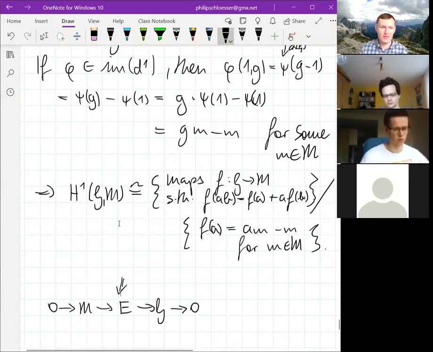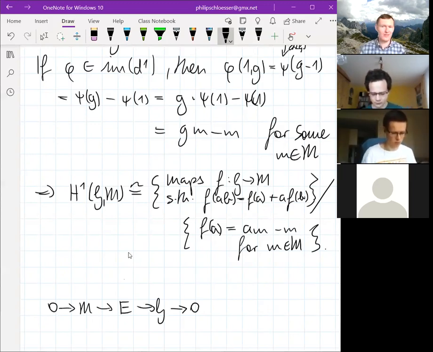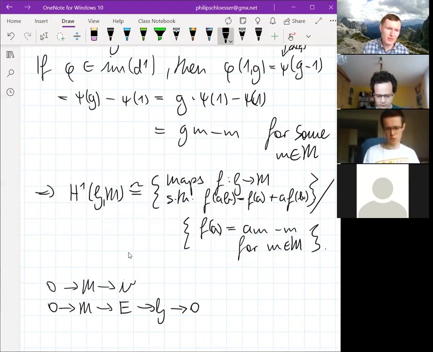It turns out that this E is some weird kind of co-cycle product, which we can define via the second cohomology group. And yeah, similar for Lie algebras.